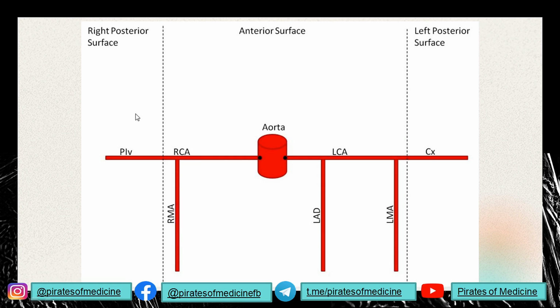And for the posterior surface of the heart, the right coronary artery gives a branch which is the posterior interventricular artery, the posterior interventricular branch.